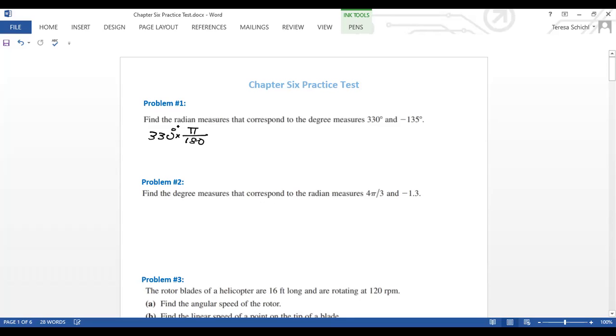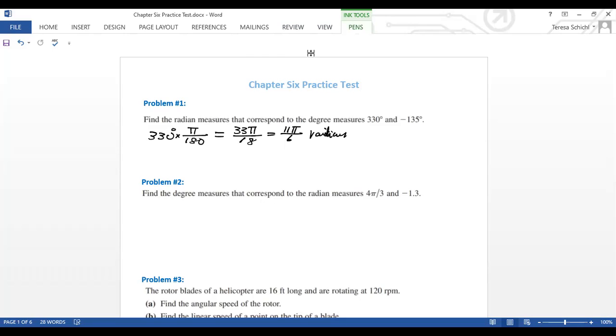If you simplify that, you cancel the zero. So this is 33 pi over 18, so then you get 11 pi over 6 radians here.